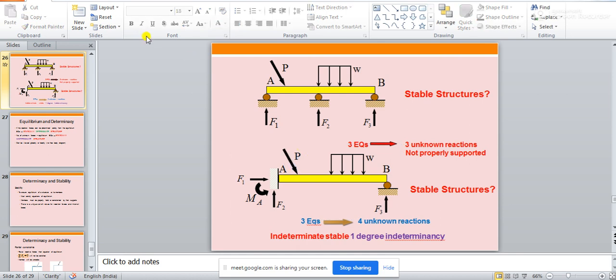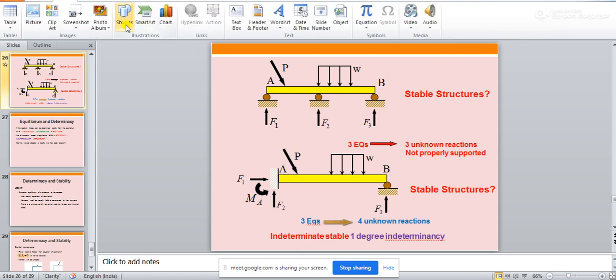if you resolve this force in the vertical direction and then in the horizontal direction, what will happen? This horizontal force acting on the member will try to push this member, right? In the earlier case also it was trying to push this member.